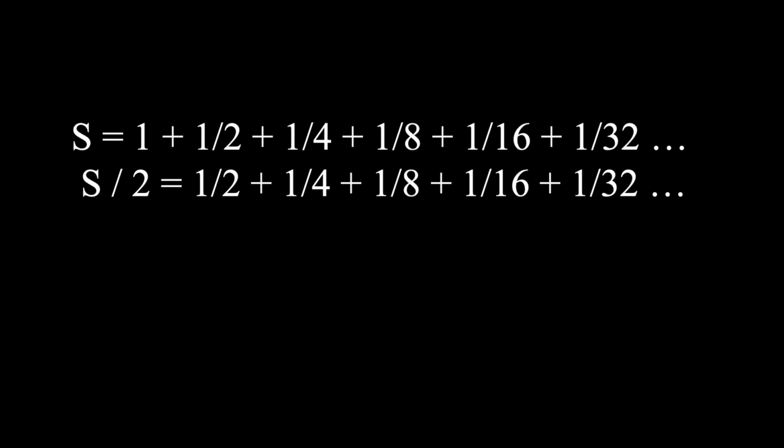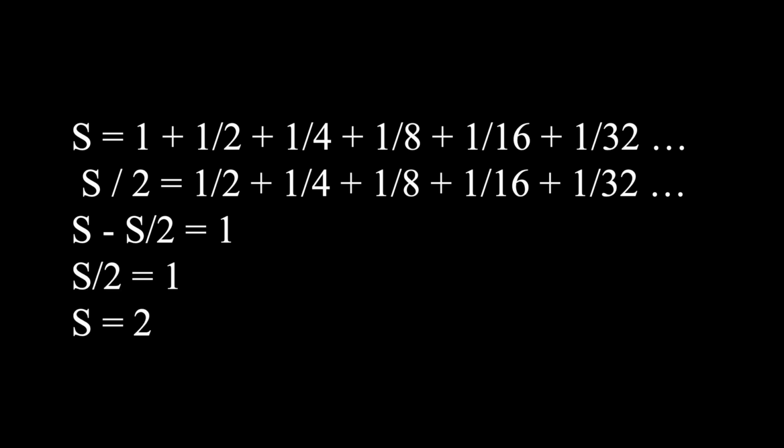And that leap is to subtract s and 1 half of s. Then all of these terms, 1 half, 1 fourth, 1 eighth, all of them except 1 cancel out. Then we have s minus 1 half of s equals 1, which means that 1 half of s is 1, so s is 2.